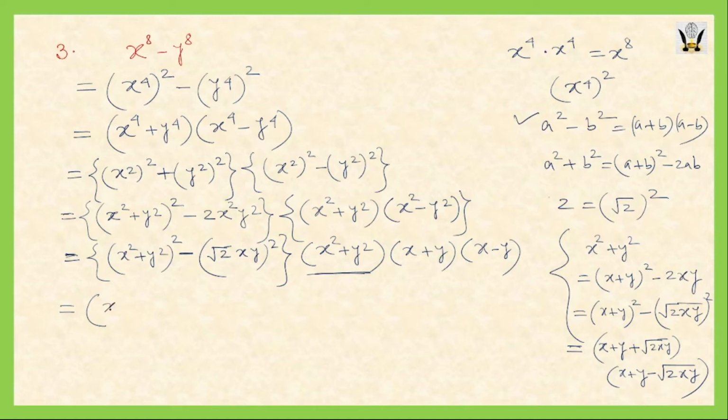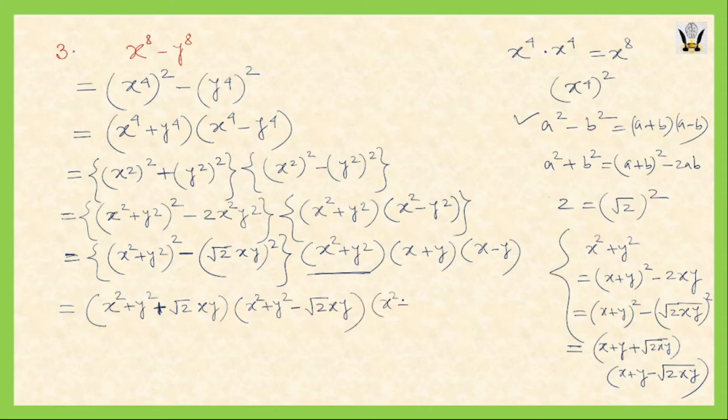So here it will be a plus b, means x square plus y square and then plus root 2xy. So this will be one of the factors, and then a minus b, so x square plus y square, and then minus root 2xy. So this will be our second factor.